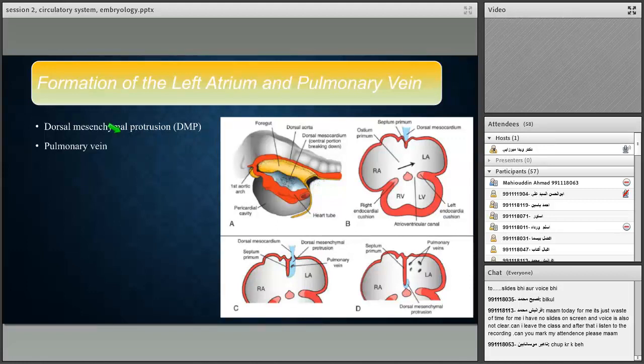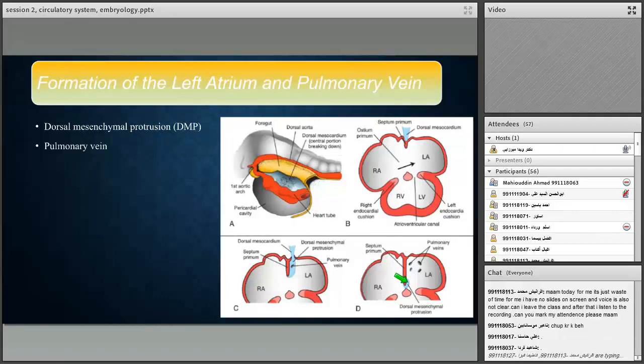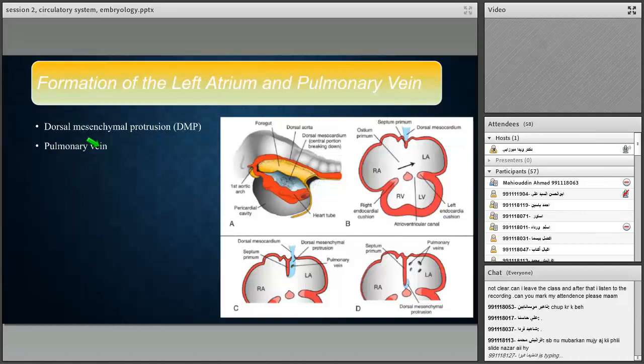This dorsal mesenchymal protrusion is growing with septum primum toward the atrioventricular canal. Look at here, we can see it here. It is growing at the side of the atrioventricular canal. Inside this mesenchymal protrusion, we can see the opening of the pulmonary vein. So, inside the DMP, we can see the opening of the pulmonary vein.